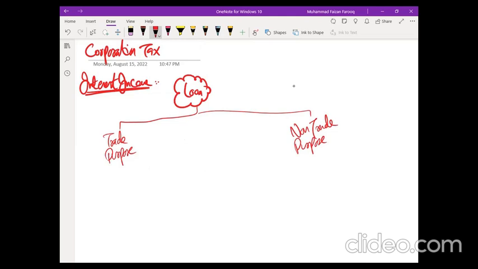If a company is taking a loan for trade purpose, definitely you have to pay interest, right or wrong?